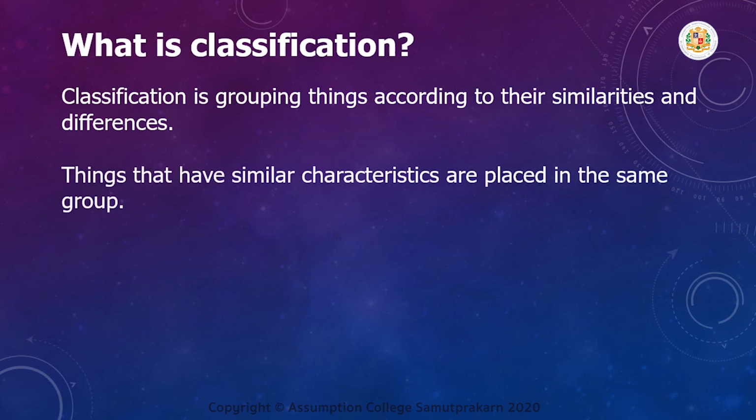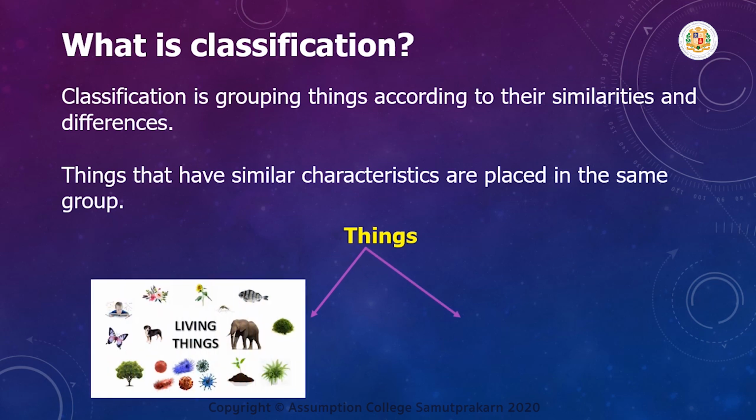Things that have similar characteristics are placed in the same group. If you have the same color, you can put them together. If you have things with the same shape and same size, same color, you can put them into one group. Example, if I have things, I classify them into 2 groups.